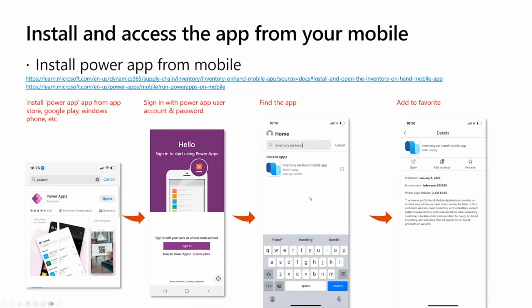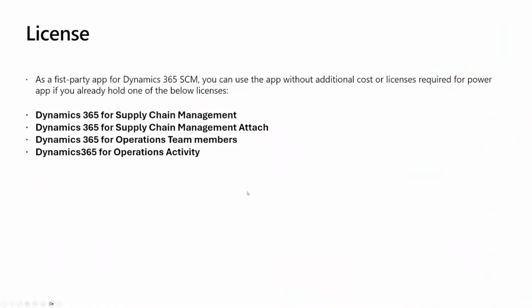To access the app, you just click onto the app, and then you will be taken to the landing page. And license-wise, as mentioned, because it is a first-party app for Dynamics 365 SCM, there's no additional cost or licenses required for using the Power App if you already hold one of the below licenses.